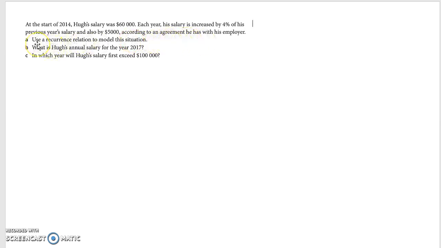Okay, fine. Part A, use a recurrence relation to model this situation. So how do we model this? Well, let's start with part A. So we can start with, let's just say the salary is Sn plus 1. Now remember, this is a recurrence equation, so Sn plus 1 must be on one side and Sn on the other side.